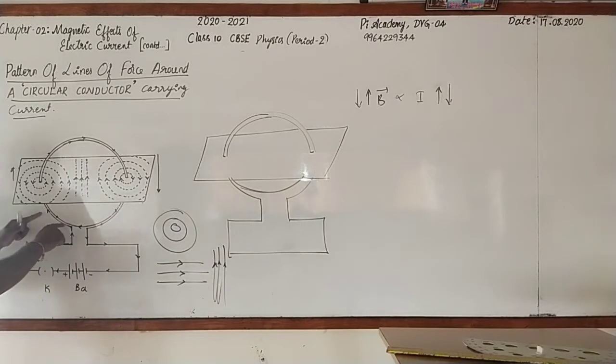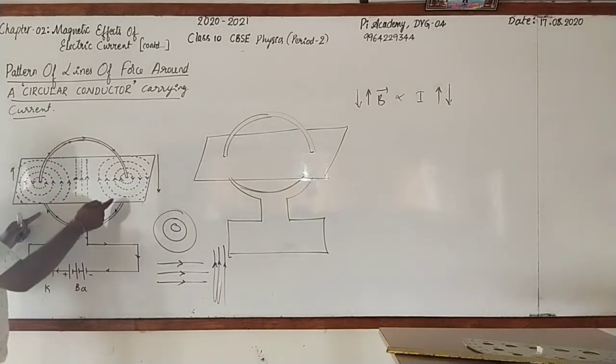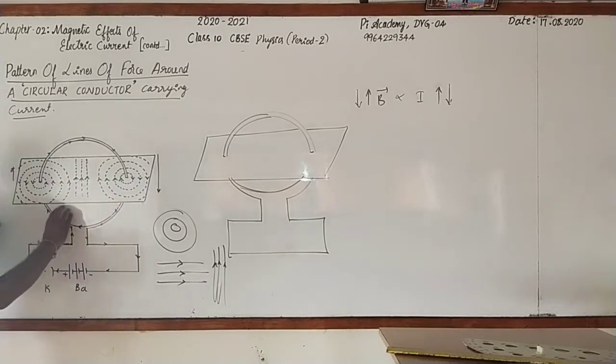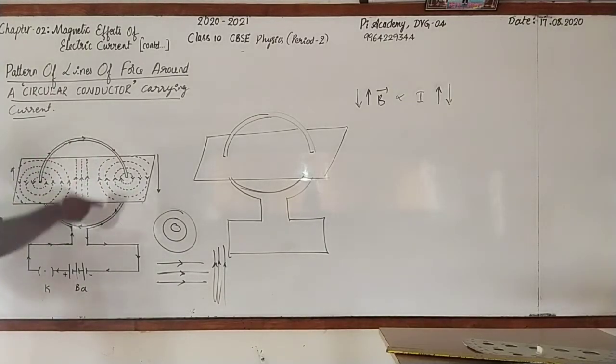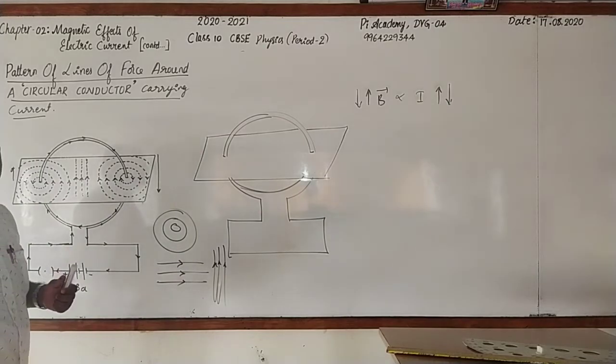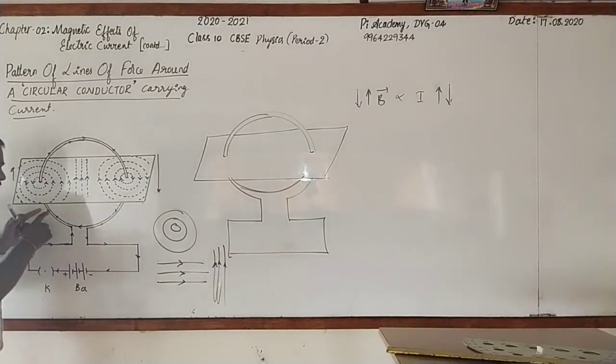Similarly, next one. Observe this loop. Here, how many rounds are there? Once, then twice. You just measure the field strength when 2 rounds are there. Similarly, when 4 rounds, 10, 15, 20, 25 and so on, as you go on increasing the number of turnings, field strength also increases. Why? Observe it.